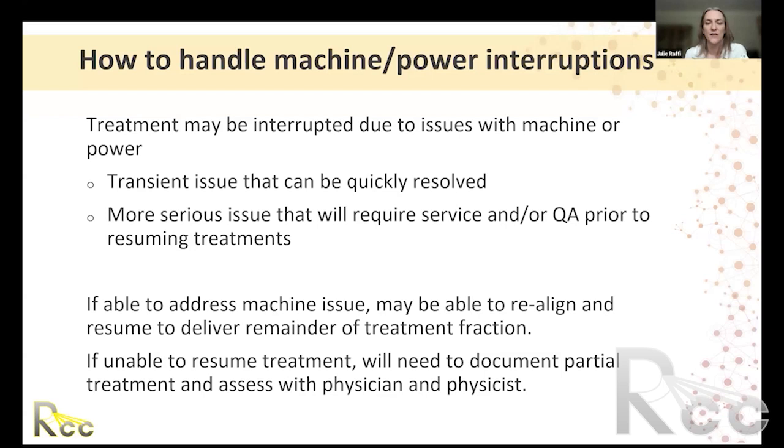But if there's a more serious issue, it might require service or QA from the physicist prior to resuming treatment. So again, same as for a patient interruption, you may be able to realign and resume treatment that same day or same moment. But if you're unable to resume treatment, you'll need to document again and assess it with the physician and physicist.